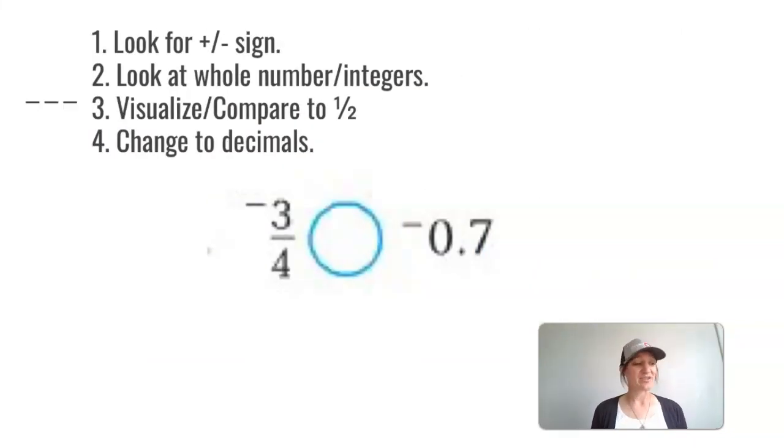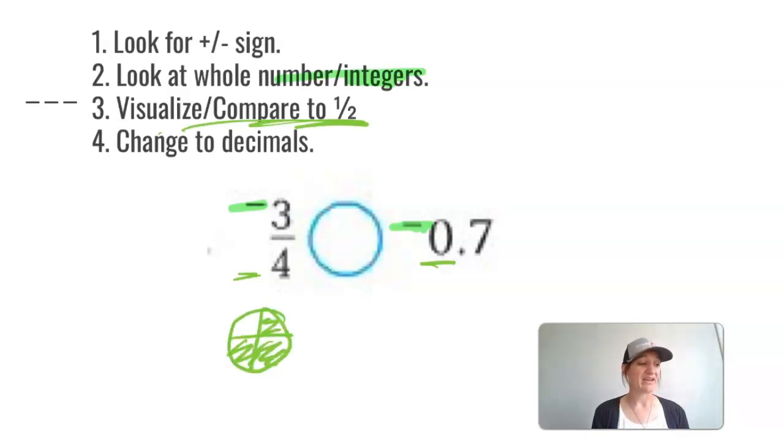All right, so these are both negatives, so that doesn't help me at all. If we look at the integer in front, neither of them have an integer in front. They're both 0 and something, so that doesn't help us. If we were to compare it to half, well, 3/4 is bigger than half, and 7/10 is bigger than half as well, right?